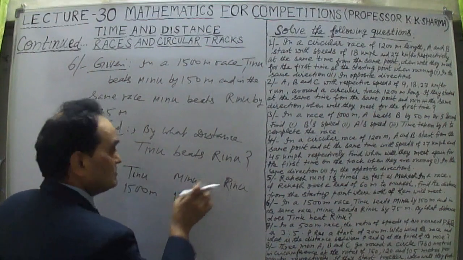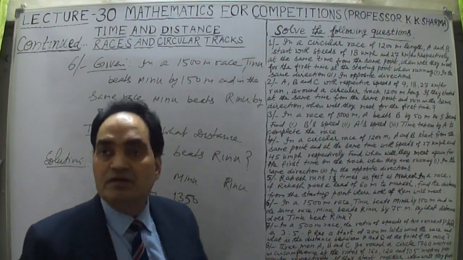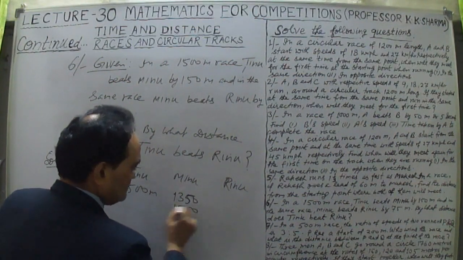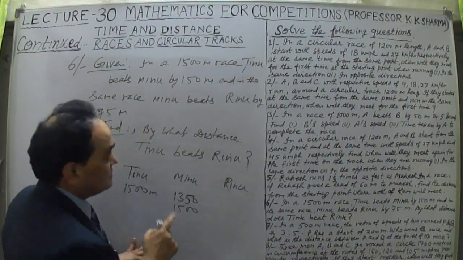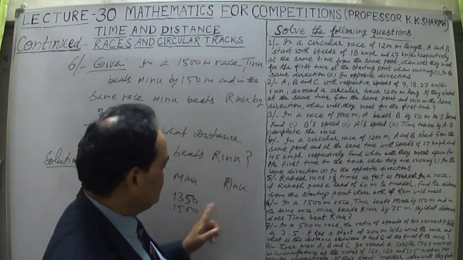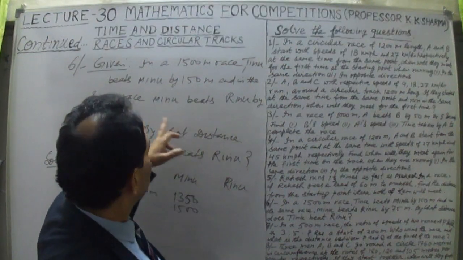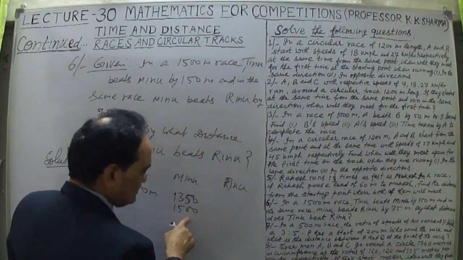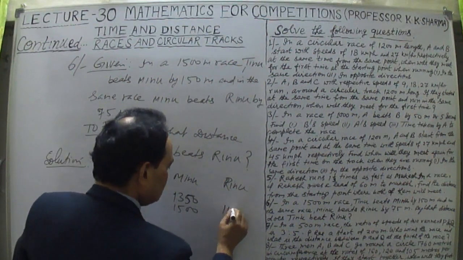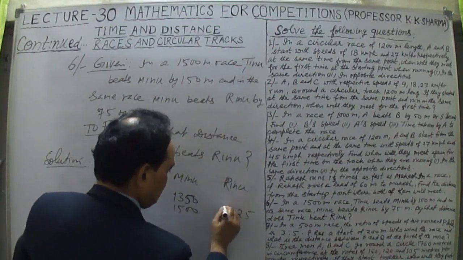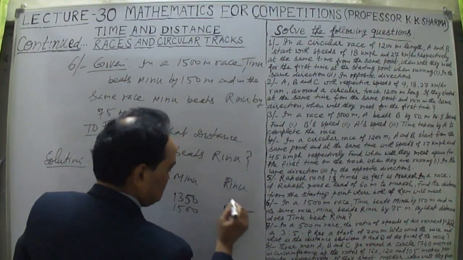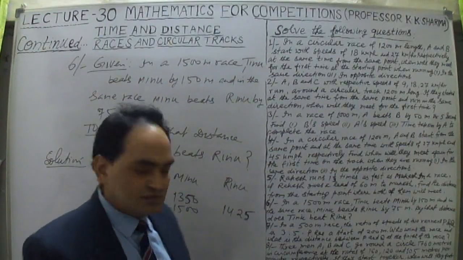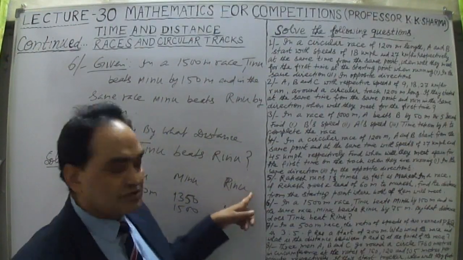Now it says in the same race of 1500 meters, if Minu runs 1500 meters, then it beats Renu by 75 meters. 1500 minus 75 will be 1425. So by what distance does Tinu, the first one, beat Renu?